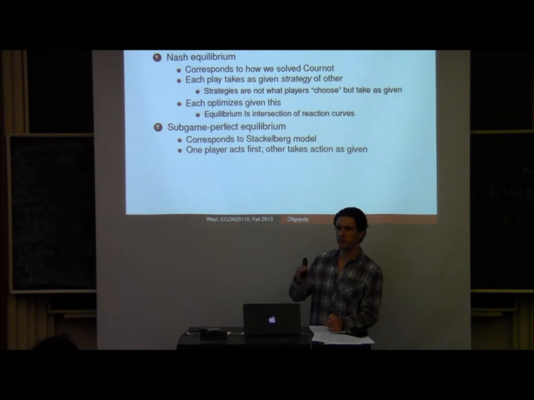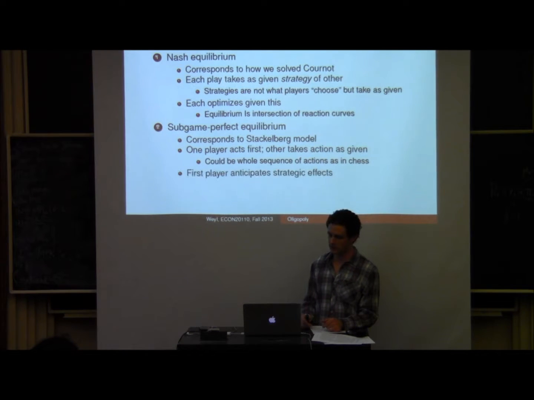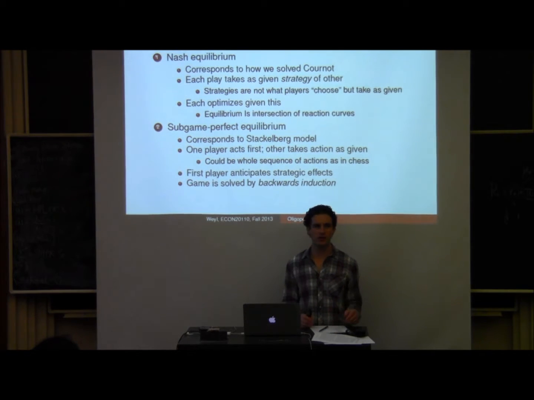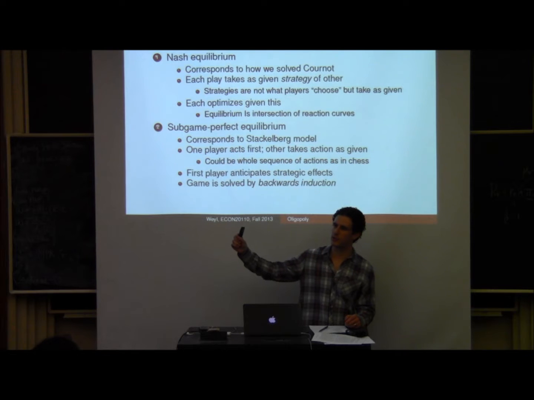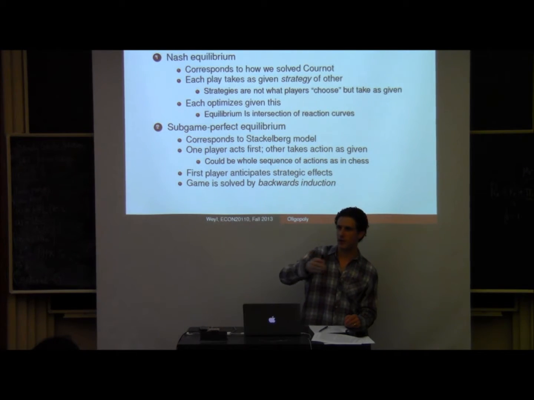In chess, there would be a series of actions, but at each stage, everyone would take everything that's happened in the past as given. Okay. And these are usually solved via backwards induction rather than the intersection of reaction curves. Backwards induction is you look at the last stage of the game and everything everyone could do. You say, what's the optimal thing for them to do at that stage? Then you ask, what's everyone's best thing to do, anticipating all the things that people will do in reaction to that, and you go backwards from there.